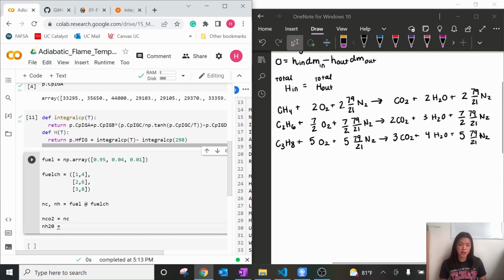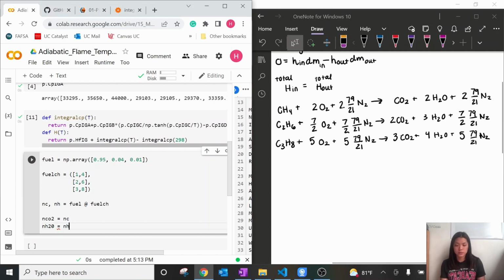So we can see that the number of water moles is equal to the number of hydrogens divided by 2. For the methane equation, we have 4 hydrogens on the left and 2 moles of water on the right. For the ethane, we have 6 hydrogens on the left and 3 moles of water on the right. So it's just the number of hydrogens divided by 2 to get the moles of water.